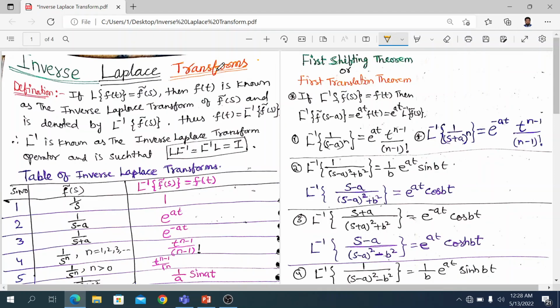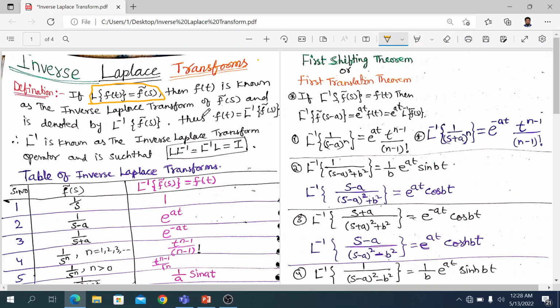Inverse Laplace transform. So what is the definition? If Laplace of f of t is equal to F of s, that is already we know, then f of t is known as the inverse Laplace transform of F of s and is denoted by L power of minus 1, that is, Laplace inverse of F of s.